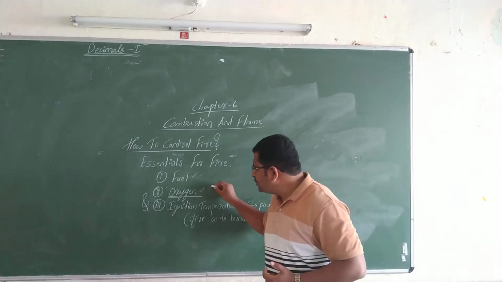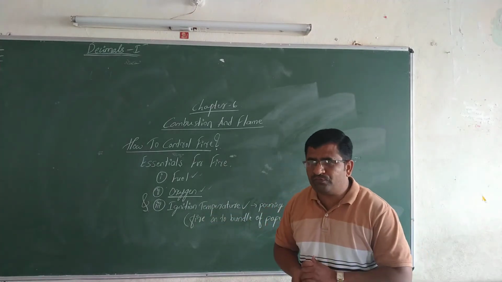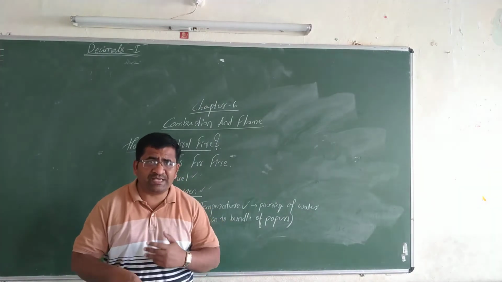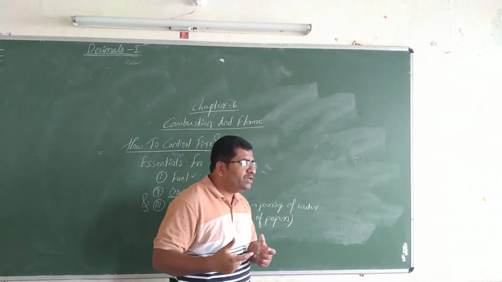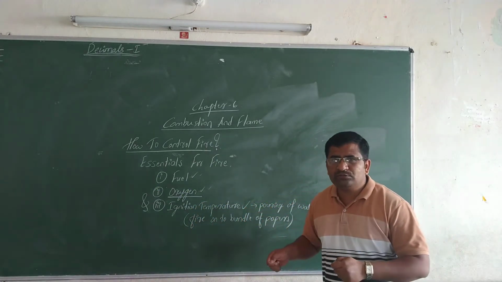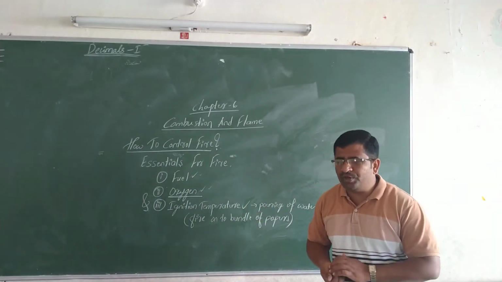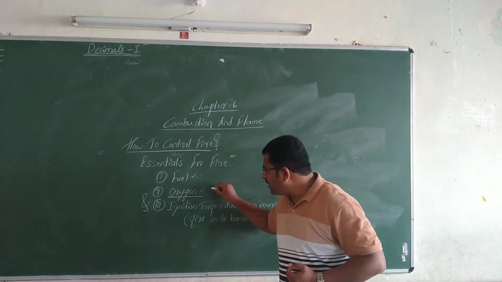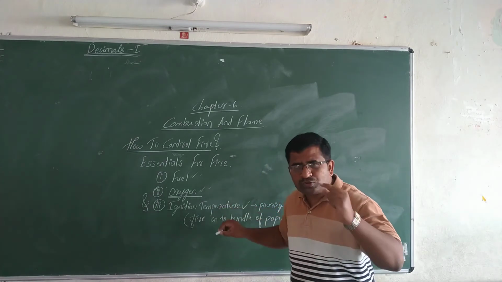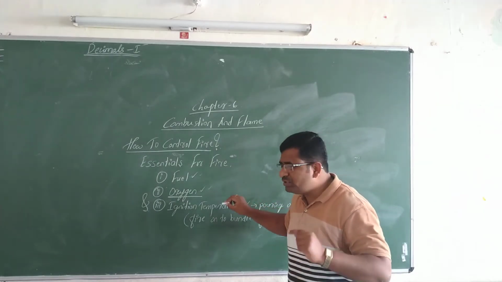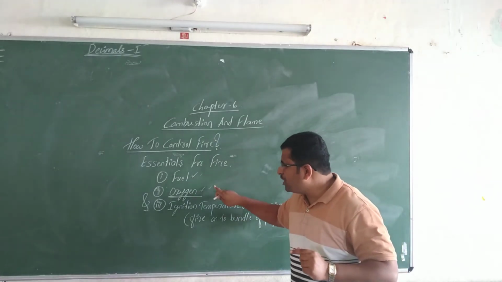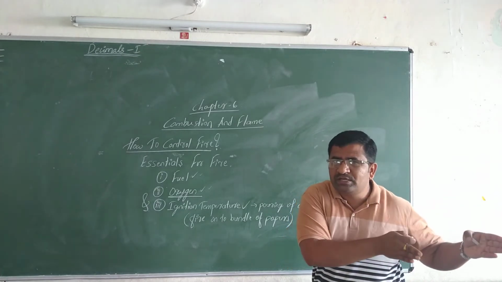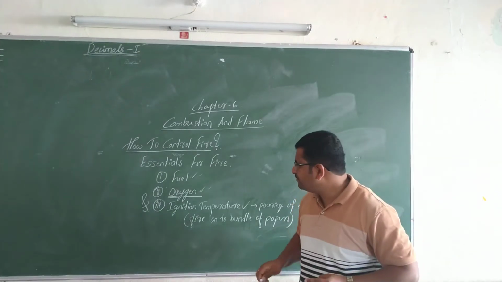Instead, if we wrap a cotton or artificial cloth material, say cloth made of nylon or rayon, around the person, it is possible to control the fire. In that case, we have stopped or reduced the supply of oxygen at that instance.